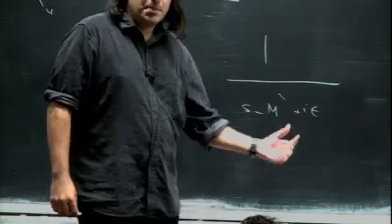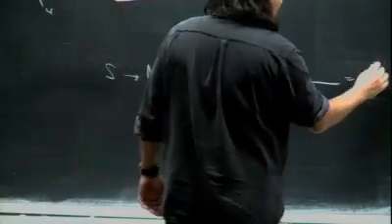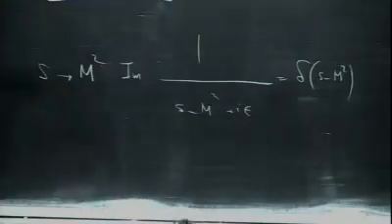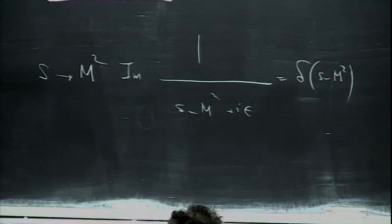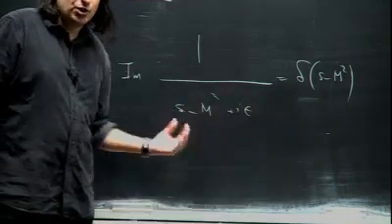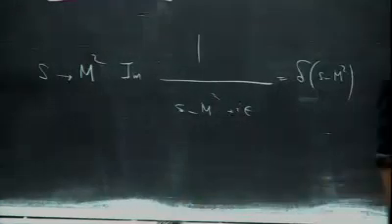And this imaginary part, as you know very well, is delta of s minus m squared. Okay? So that's good. That means that acquiring a pole has a physical interpretation. It's a resonance, and it means that I've produced a particle. All right?